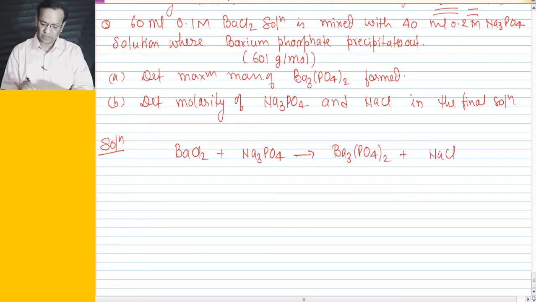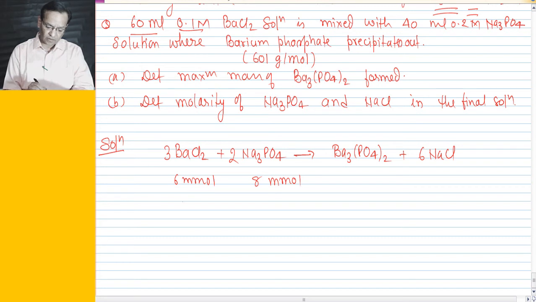If we balance it, 3 barium, so 3 BaCl2, 2 phosphate, so it will be 6 NaCl. Now, molarity into volume in milliliter gives millimole. So we have 6 millimole and 40 into 0.2, 8 millimole.